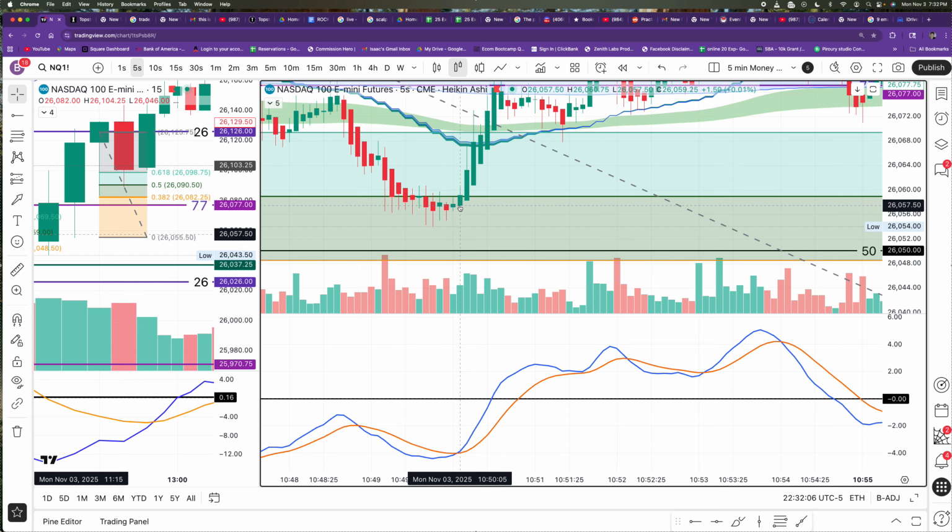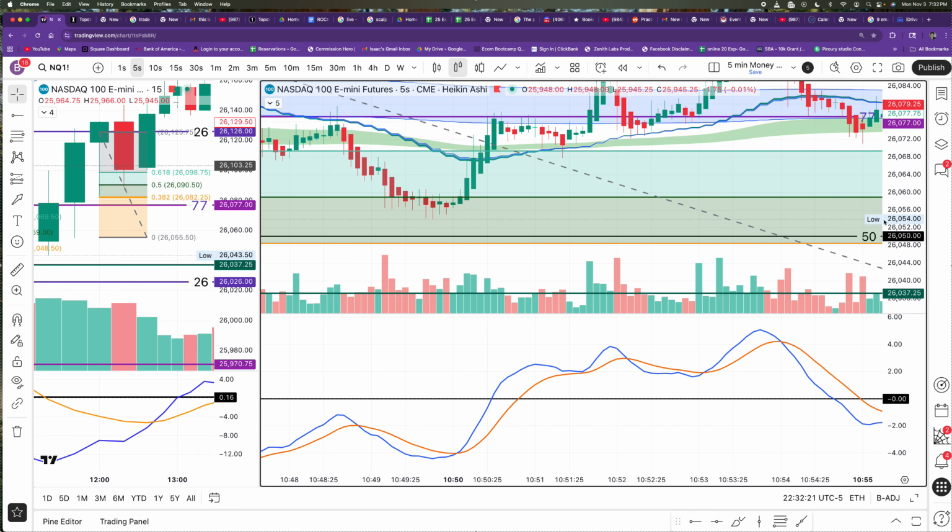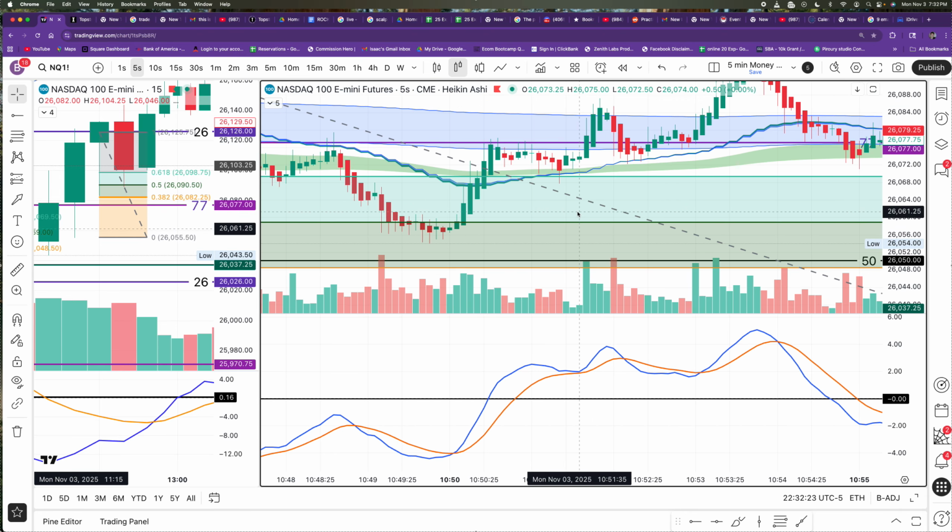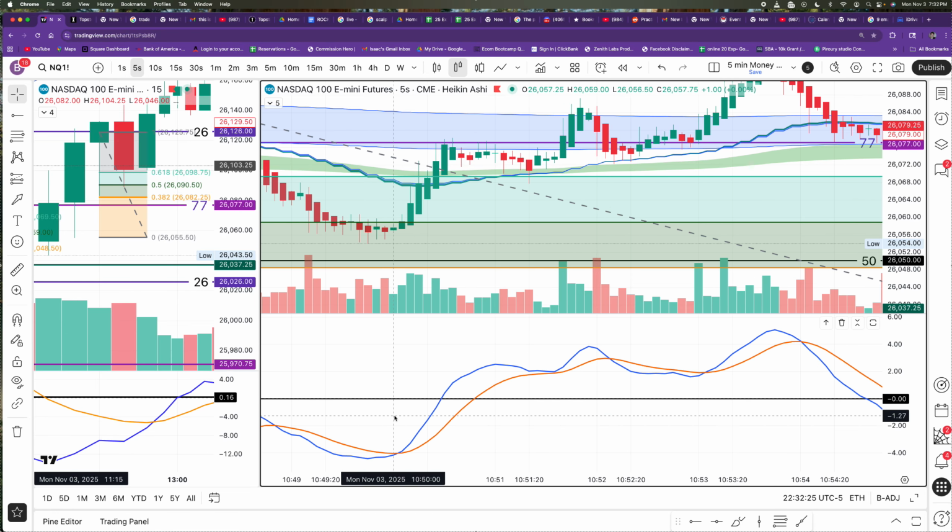Think about that for a second. The opening price of that candle is equal to the low price of that candle. That's simply saying that in that time frame, where that candle started, it never went under. That means it's only going higher in that 5-second time frame. That's really critical, and I'd like to see a couple of those. Once I see a couple of those, that makes me very comfortable. I'm also looking for a MACD cross.